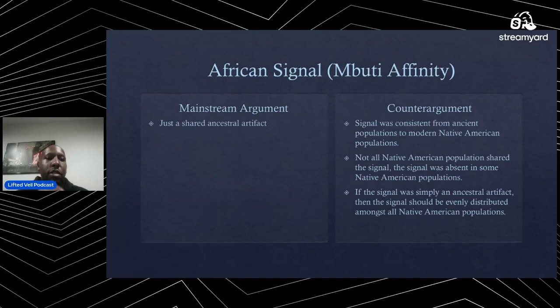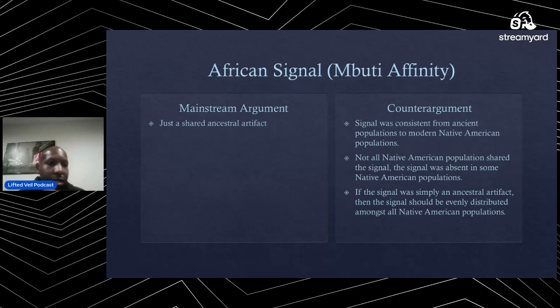Okay, African signal, mainstream argument: just a shared ancestral artifact. In the publication, they pointed out that the archaic African component found in Kennewick Man shared the most affinity with the Mbuti. I think I'm pronouncing it correctly.